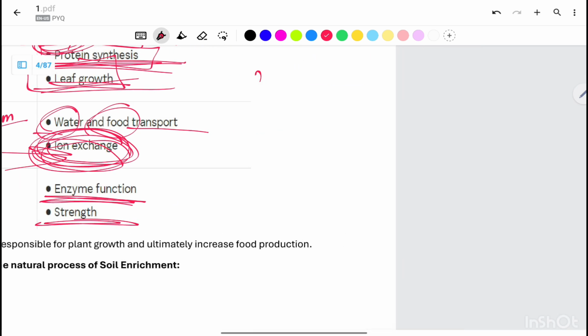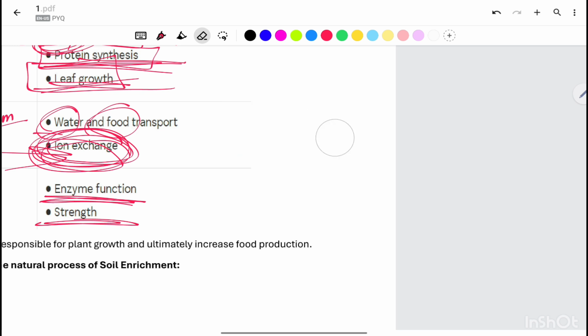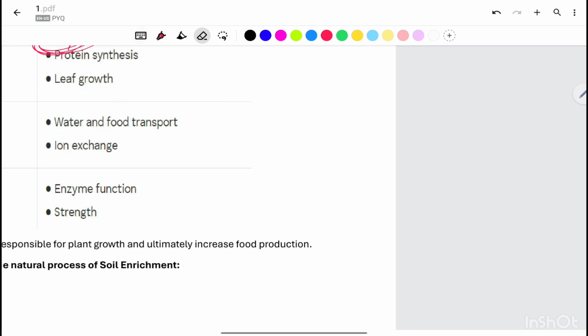Now when you say nitrogen, nitrogen is for the amino acids, as well as the proteins. Now these are essential for the chlorophyll. Then we have photosynthesis, as well as the leaves strength. Next we have phosphates, which are for the energy.